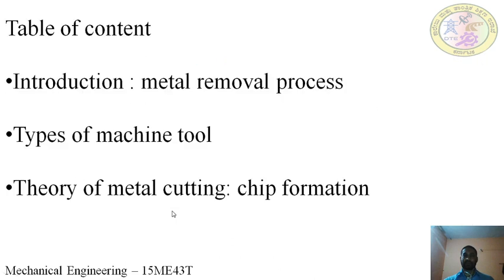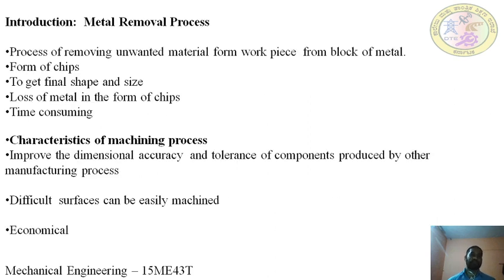We'll brush up once on what we have studied today. The material removal process, as I told you, is the process of removing unwanted metal from the workpiece, from the block of metal manufactured by other manufacturing processes, that may be casting or forging.